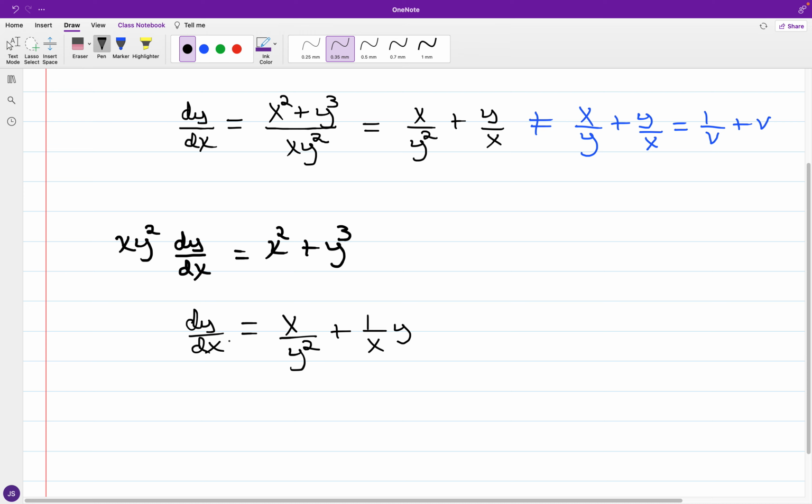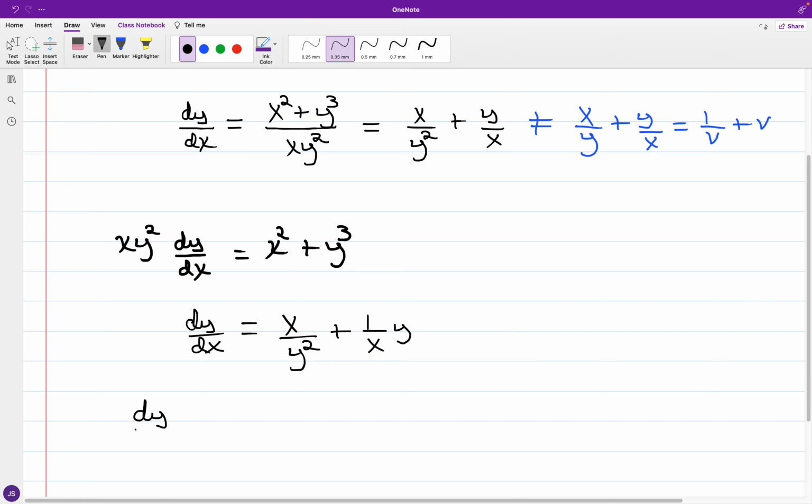Here we have a linear in y expression, and this is a Bernoulli equation, which is nonlinear, and so I can move the first order term in y over.